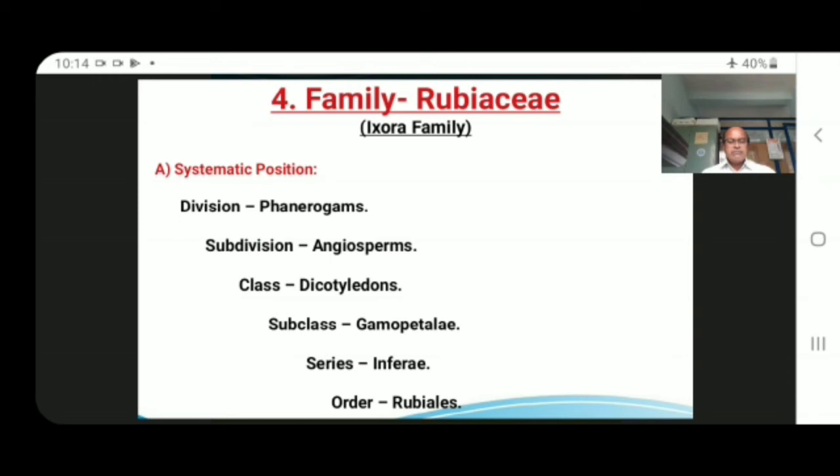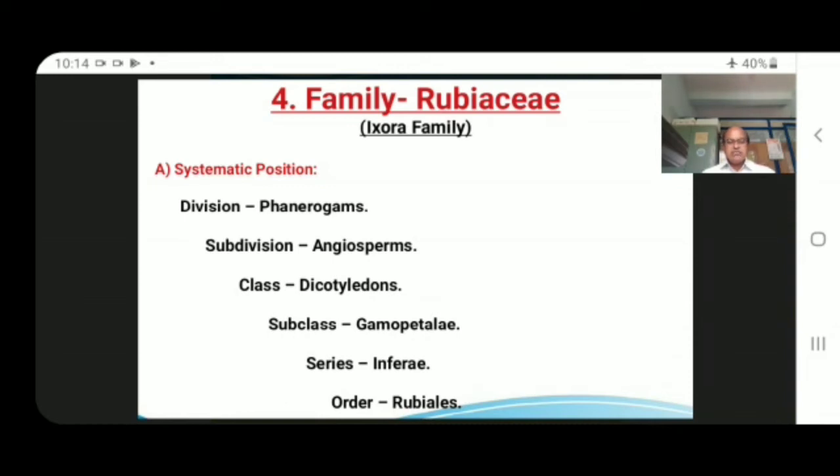Then flowers bracteate, tetra or pentamerous, calyx and corolla 4 to 5 united, stamens 4 to 5 epipetalous, carpels 2, ovary inferior surrounded by fleshy disc. These are some important distinguishing features of this family.